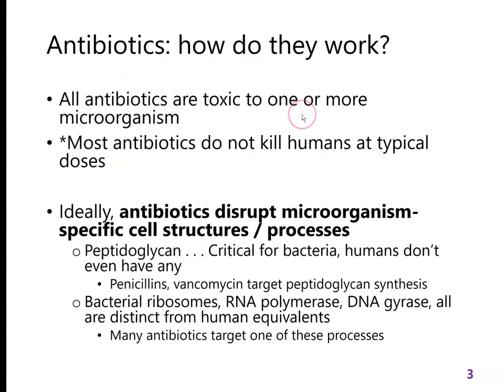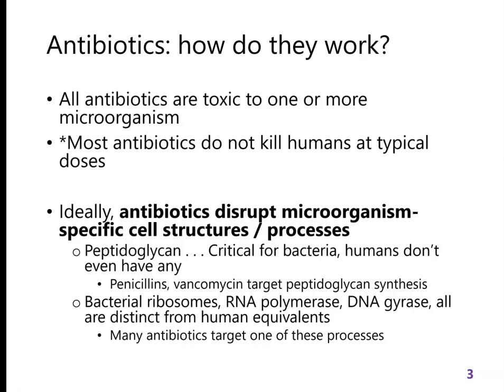Okay, so with that, we can think about the eukaryotic microorganisms through this lens of antibiotics in particular. We'll come back to the other ones later. Antibiotics, again, they disrupt processes inside microorganisms. So they will disrupt, say, peptidoglycan, or they'll disrupt a bacterial ribosome, or they'll disrupt something inside a fungus while not disrupting the same thing inside us.